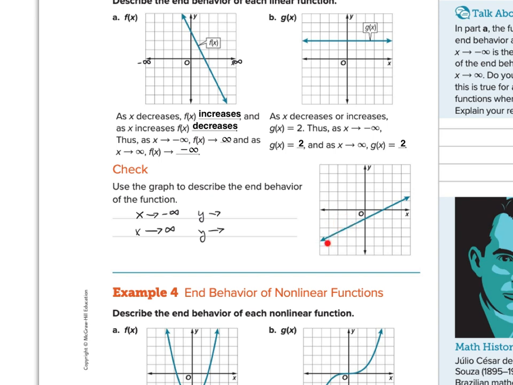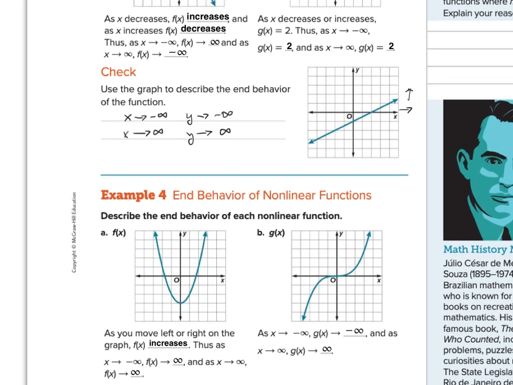It is going down the y-axis, so it is getting to a smaller number, so that would be y approaches negative infinity. As x approaches positive infinity, y is approaching positive infinity. And there you go. That's understanding what the end behavior of my graph is doing.